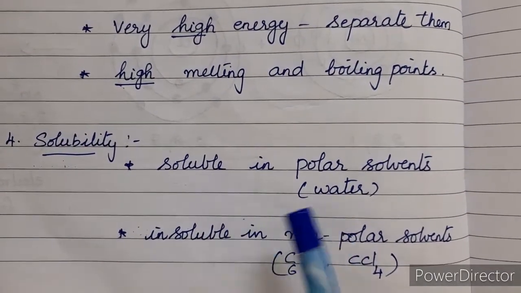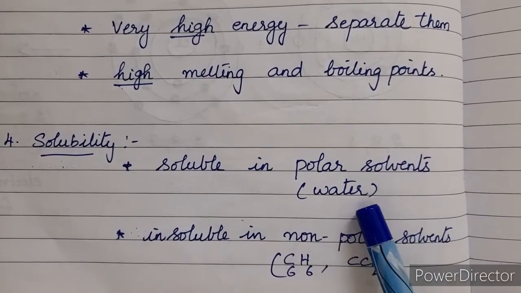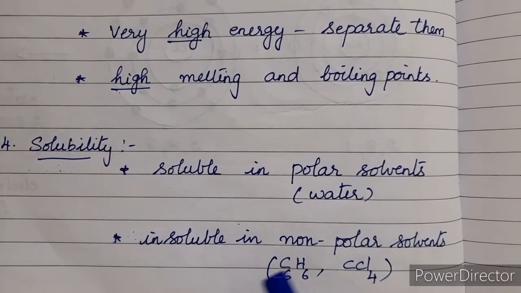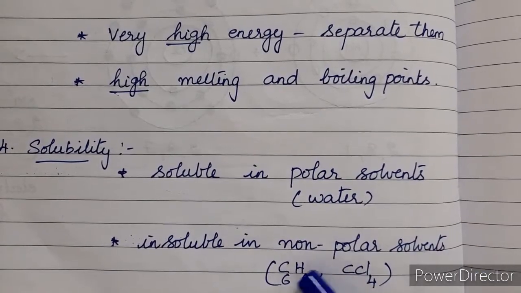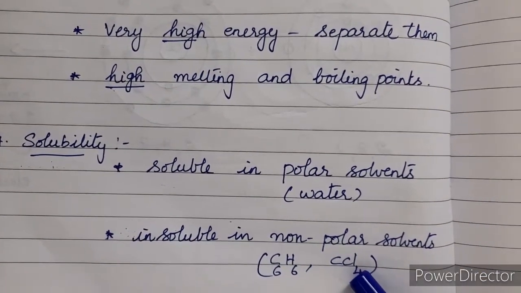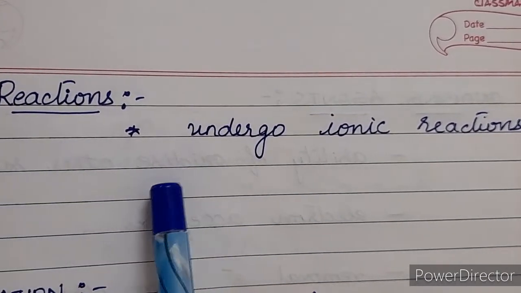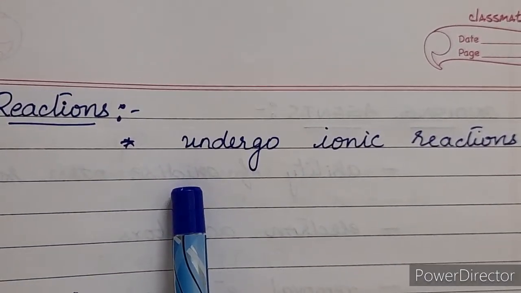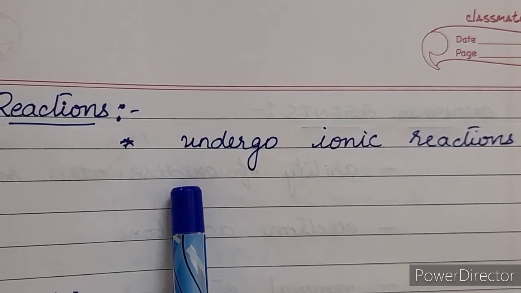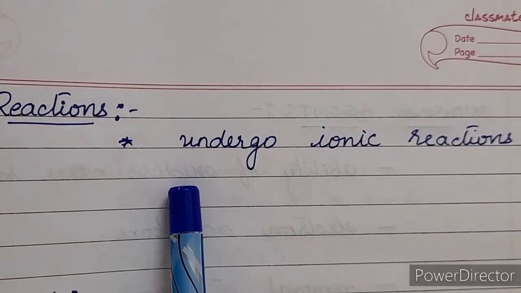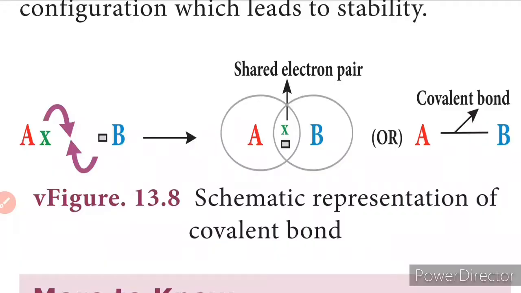These ionic compounds are soluble in polar solvents such as water, and they are insoluble in non-polar solvents such as benzene and carbon tetrachloride. Next is reactions. Since it is an ionic compound, it undergoes only ionic reactions which are very fast and spontaneous.